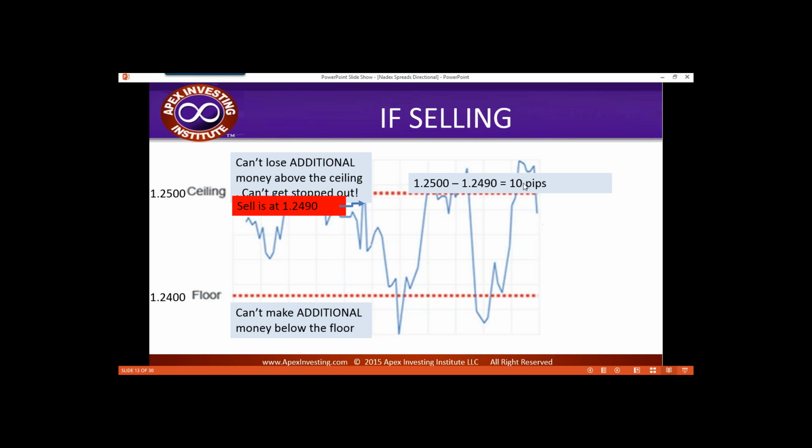So the very most that I can lose on this spread is 10 pips, which would be $10, because with the spread each pip is worth $1. There are 10 pips, so the cost, the amount I have to put up to get in this trade and my maximum risk, is only $10.